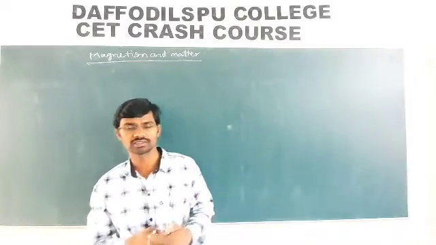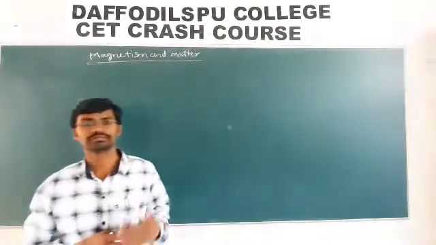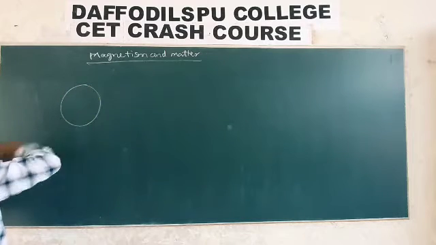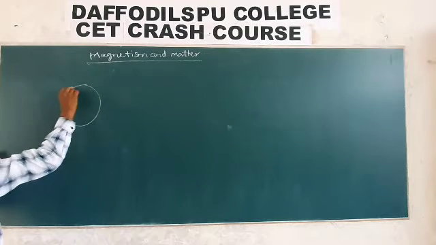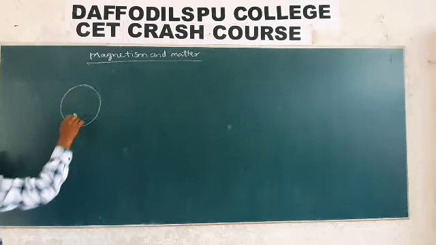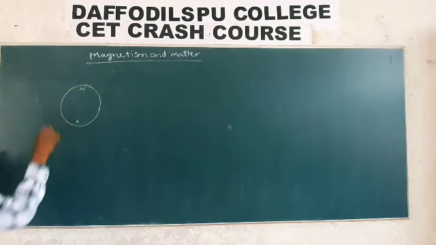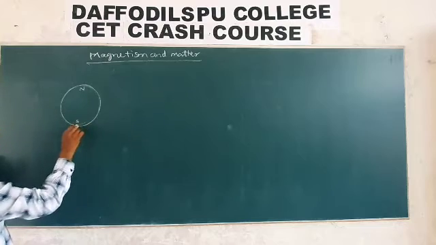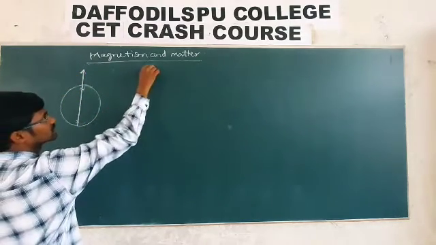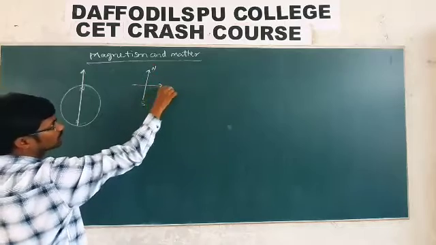When we take the earth as a magnet, with its north pole and south pole, the magnetic field due to the earth is always in the direction from south to north.